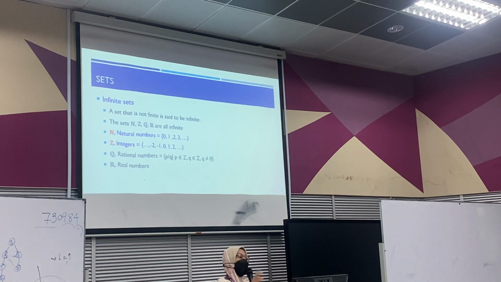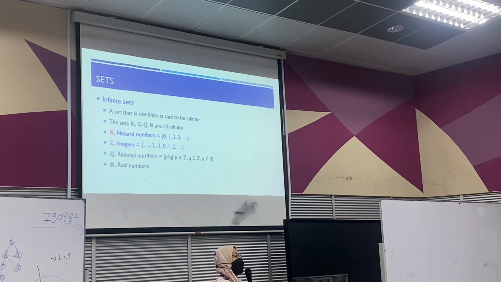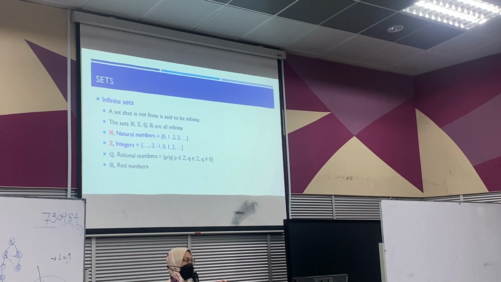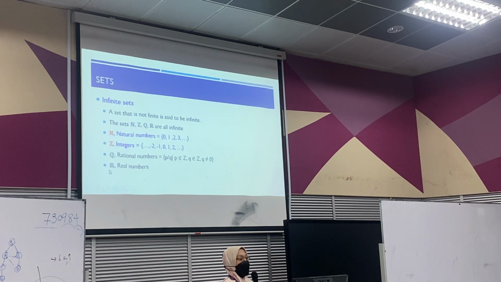So we can only use either N or Z. N is 0 onwards, whereas Z can be positive or negative integers. Other than that, let's say you have a price of 19 ringgit 50 cents. Cannot show as decimal. You must show either N or Z only. You cannot use Q, you cannot use R or A and so on.